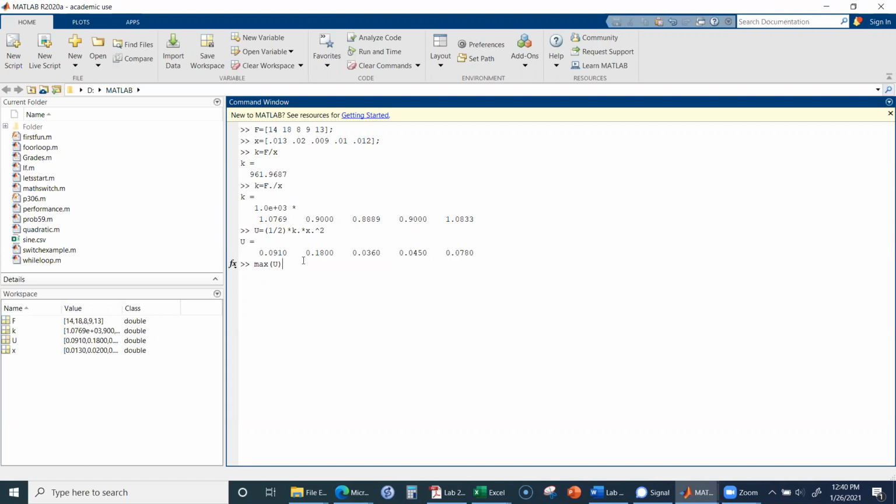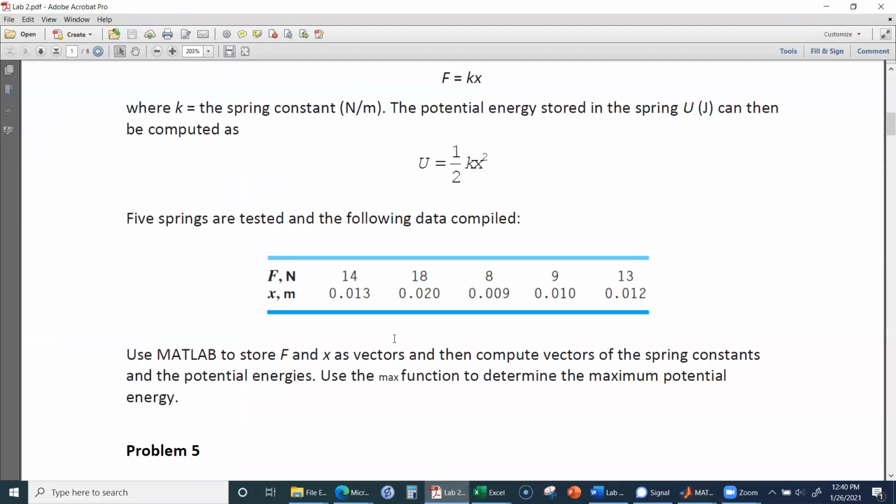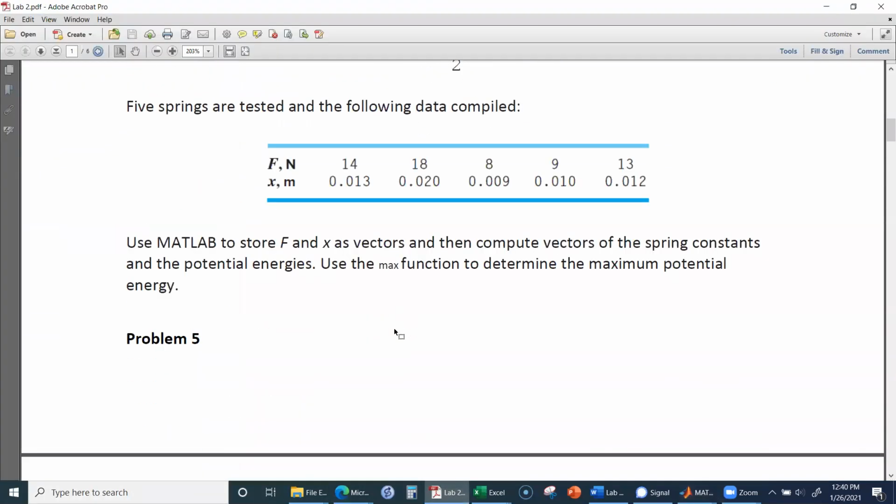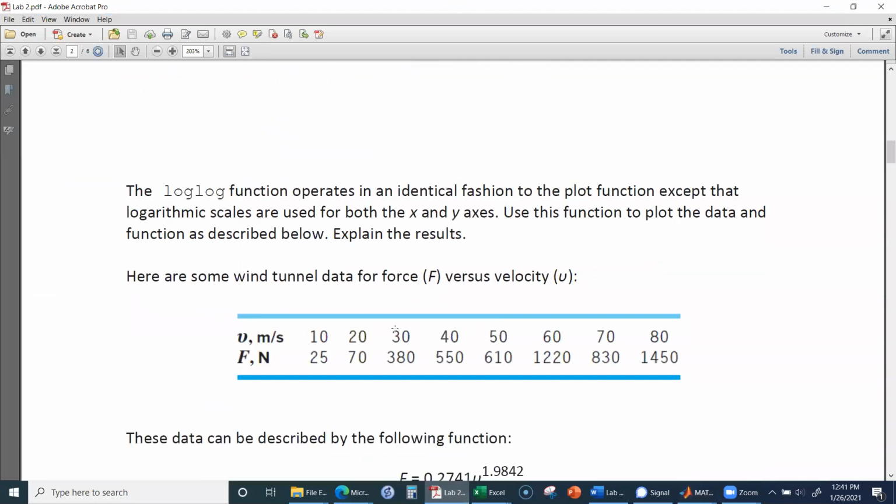For the maximum potential energy, I will use the max function, and then I will refer to the U as the variable for the potential energy, and then it will give you 0.18. So the maximum potential energy is 0.18 in this case. So, okay, this was problem number 4. Problem number 5.